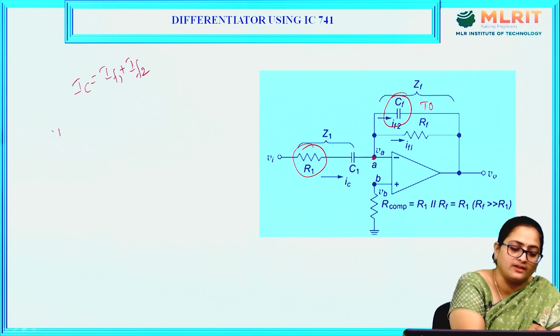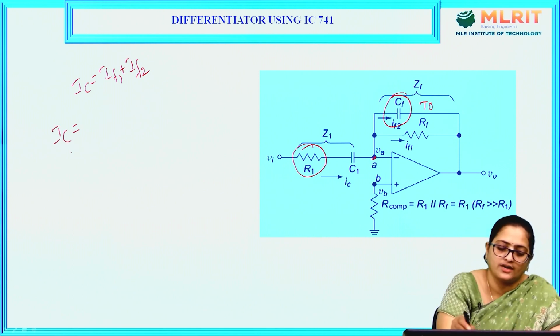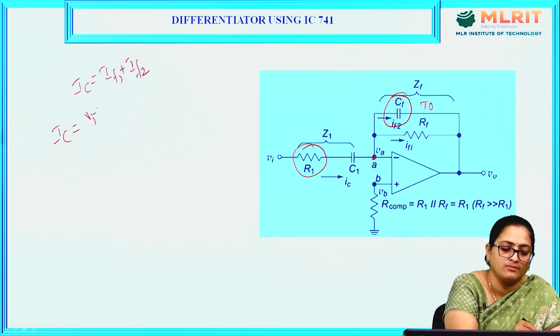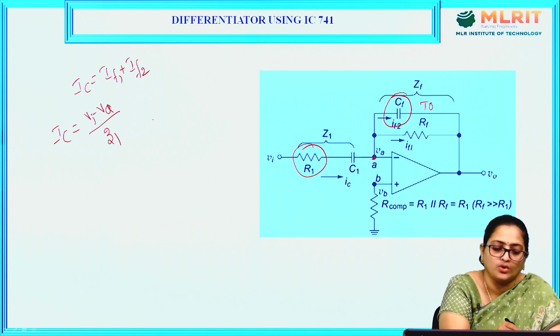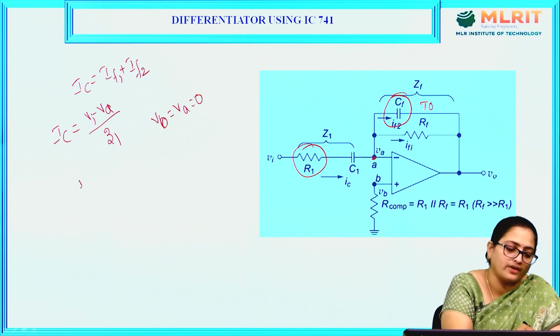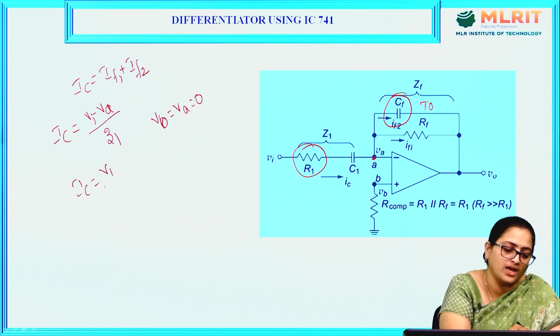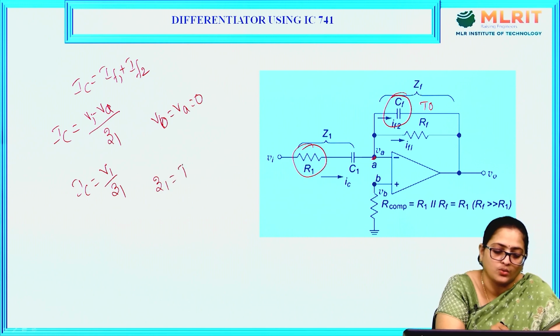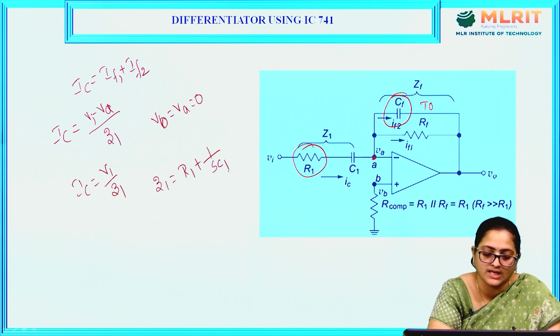The current across this series network is given as VI minus VA divided by Z1. As we know, VB equals VA equals 0 because of the high gain, so you can write IC equals VI by Z1, where Z1 is R1 in series with the capacitor C1, which you can write as R1 plus 1 by SC1.